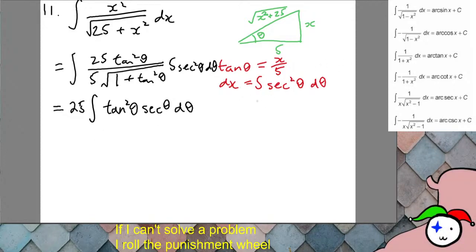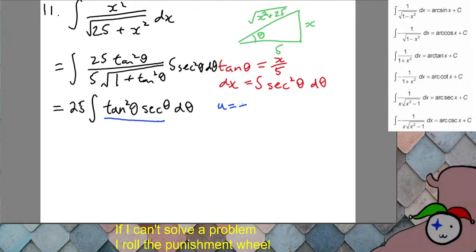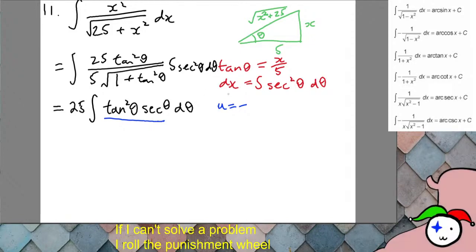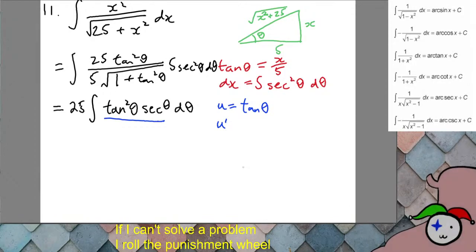Alright, so if it's the product rule, we'll let u equal tan, and the derivative of that we know is secant squared.